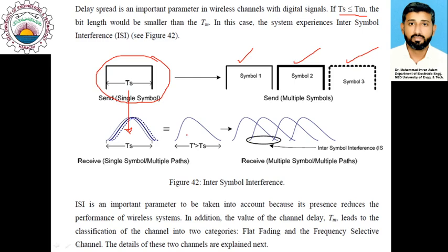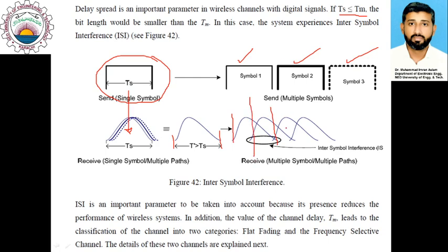The problem is when this delay spread is large. Having a large delay spread means this elongation on the time axis of the received signal will be large, and we do not have a single symbol, we have symbols one after another. So the first symbol would be elongated, so it occupies a larger amount of time.